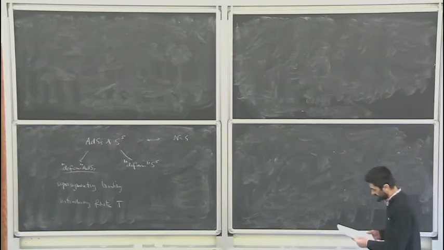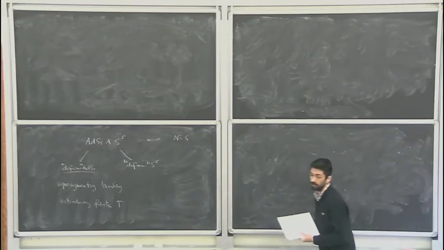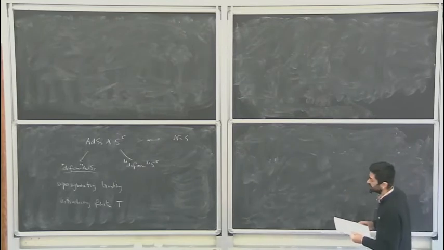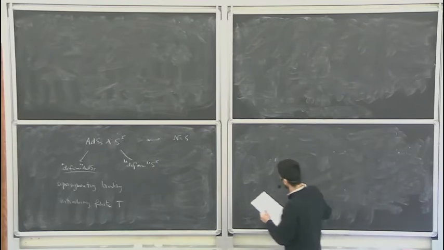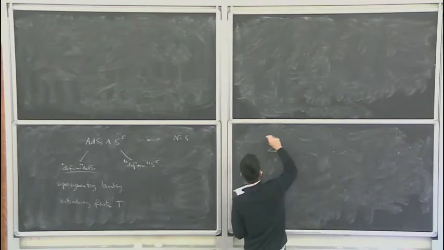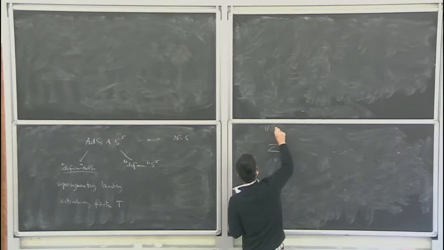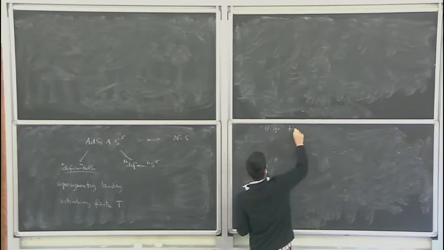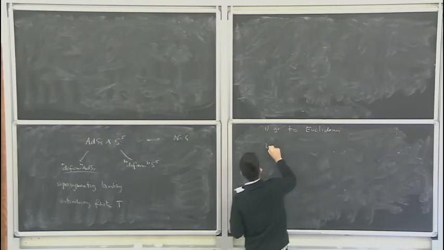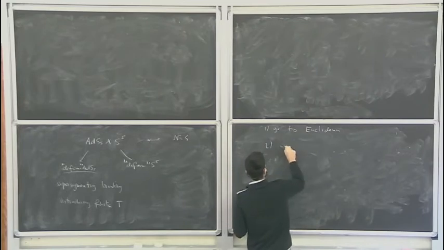So, just one word about what you do in the field theory to have finite temperature. So how you heat up your field theory. You do that, for example, in the path integral formalism by going to Euclidean. So first go to Euclidean, and secondly compactify time.